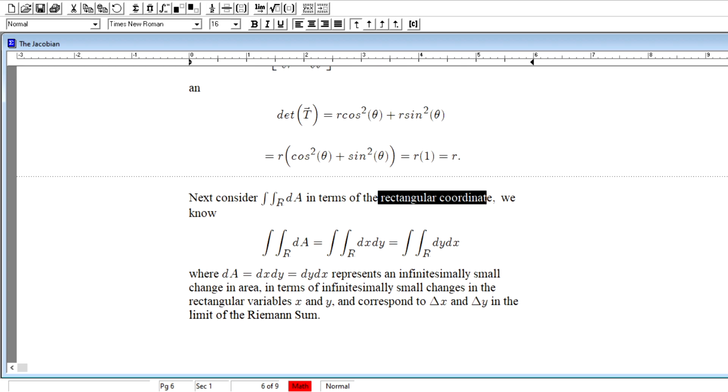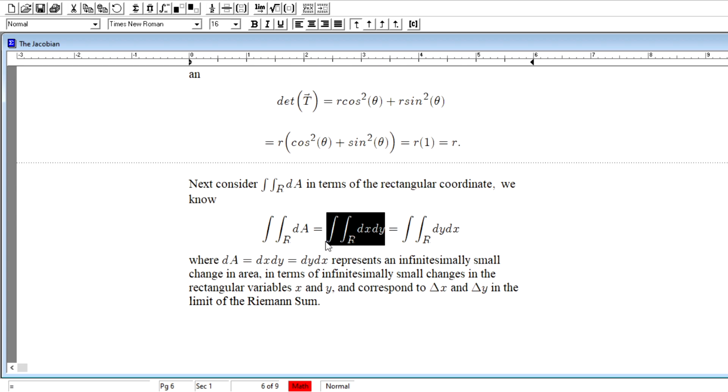We know that the double integral over region R with respect to the area of R can consider the change in area over region R to be broken down into the change in x times the change in y, or the change in y times the change in x, which represent an infinitesimally small area when multiplied together to give us dA, expressed in terms of these infinitesimally small values of x and y.